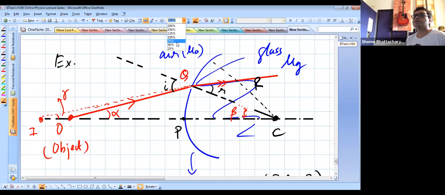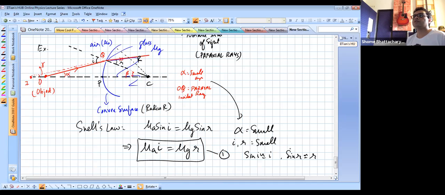So I'm just zooming out of this a little and writing that over here. So now you consider triangle OCQ. Okay, so just follow this triangle, the one made by the incident ray OQ and the normal CQ, and the exterior angle is I. So the exterior angle I is becoming the sum of the interior opposites. So that's alpha plus beta.